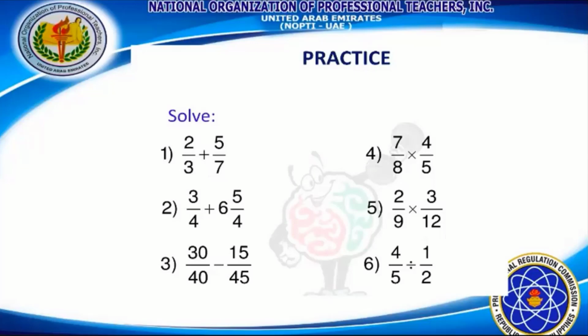Kasi, baka nandun yung sagot. Kasi baka solve ka ng solve. Tama naman yung solution mo, pero wala yung answer doon. Baka na i-express siya into the lowest term. Or, kung improper yung sagot, baka naman na-express siya into mixed number. Okay? So, 7 times 3, 21 is the possible denominator of number 1. Answer.